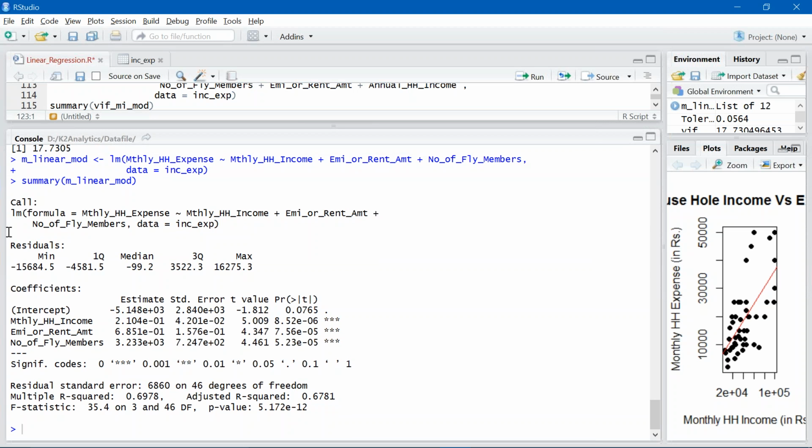Then we changed and made it two variable model. We added family members, and from 42 we moved to 57 something, 0.57. Now I'm making three variable model. From 0.57 I'm moving to 0.69, which means 70% of the expense can be explained. There's still 30% of variance which is not explained.